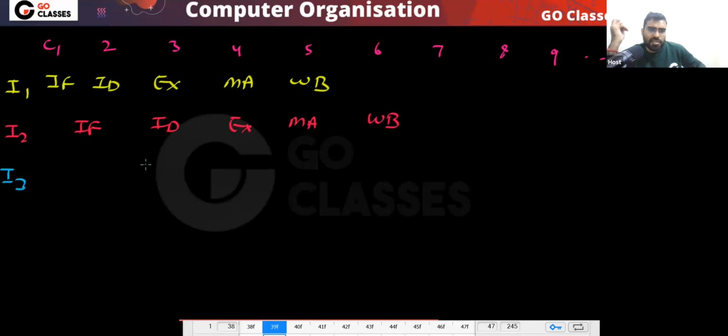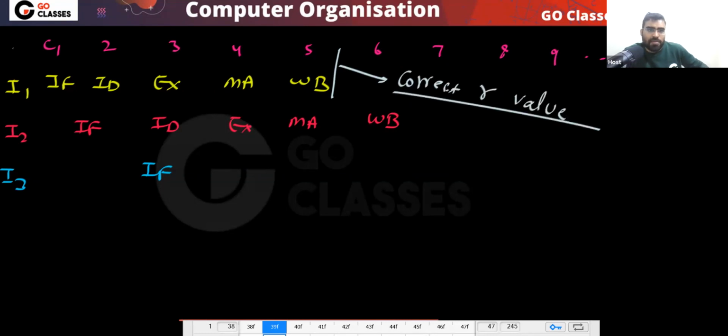And instruction 3 is instruction fetch. You can fetch it in this cycle, there is no problem. The correct R value will be available here. You will write the correct R value here.